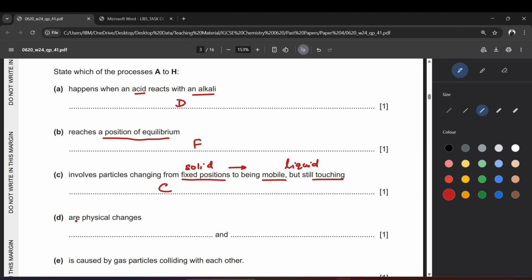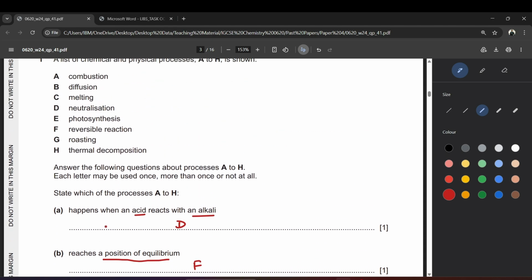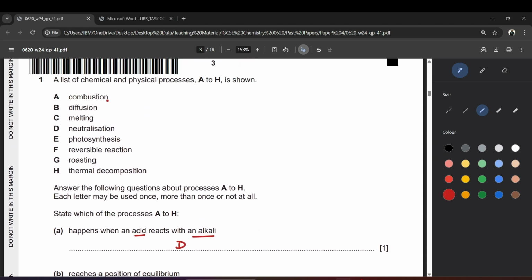All right. Then which processes are physical changes? So here we have to look at the list. So we have combustion. Combustion is a chemical process. Now, the first thing that you must understand is how do we define a physical process, or how can we differentiate between a physical process and a chemical process?